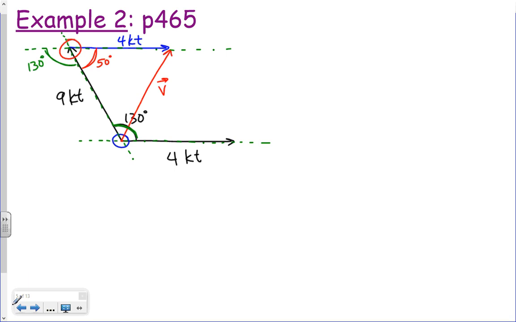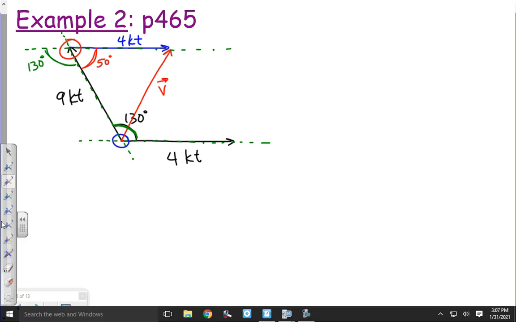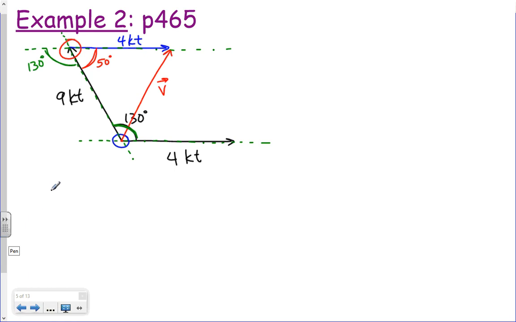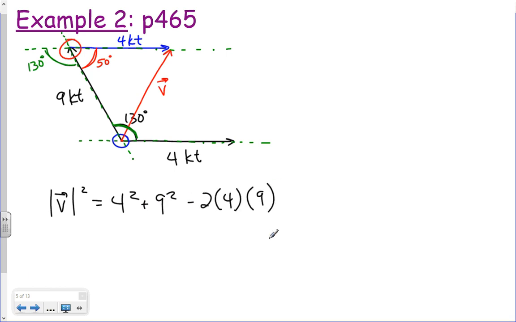Think about using your properties from geometry in this case, or whatever it might be, to help us come up with our angles. All right, once we got an angle, we are all set here. Use law of cosines. So the magnitude of vector v squared is equal to 4 squared plus the 9 squared minus 2 times 4 times 9 times the cosine of the 50 degrees that we just came up with.